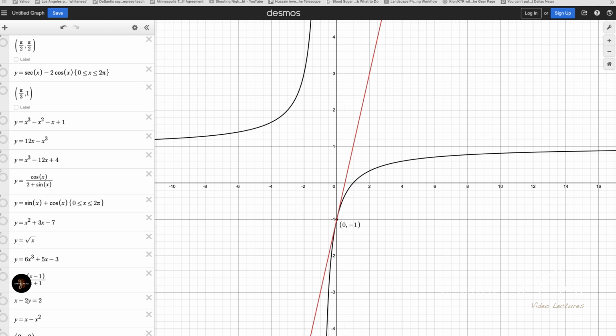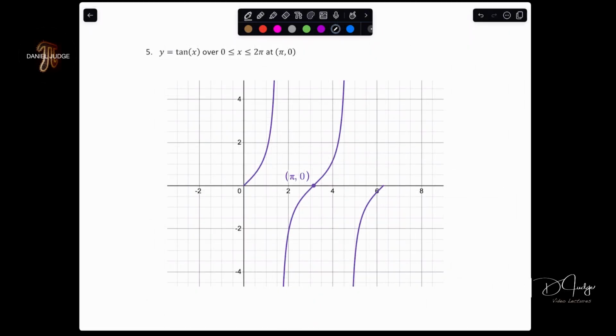Let's take a look at question number 5 now. It's the same question, different functions, different points. Use the point slope form as we discussed in class.